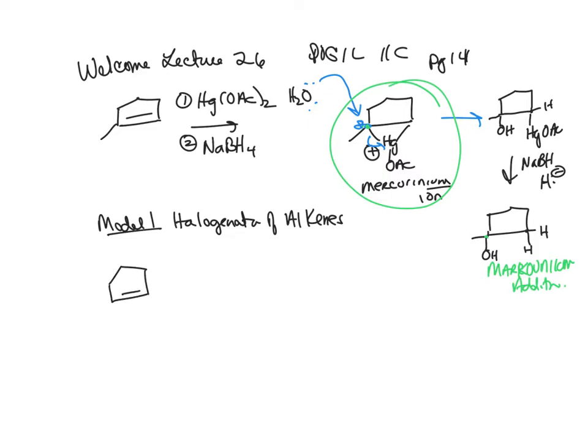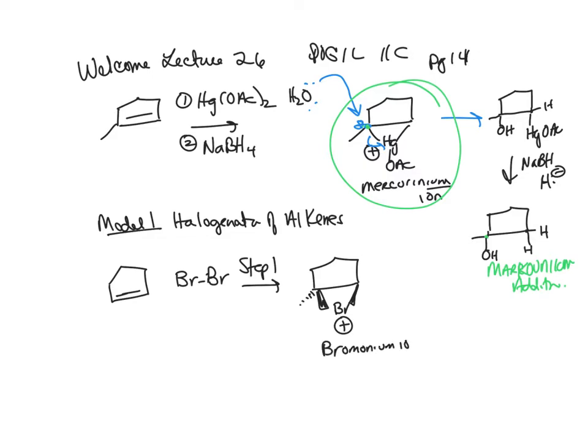So we have our cyclopentene, and we're reacting this with bromine. And this is step 1. And it forms this intermediate called the bromonium ion. And then the other Br here is your nucleophile.